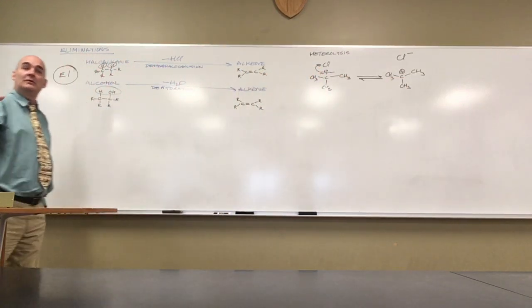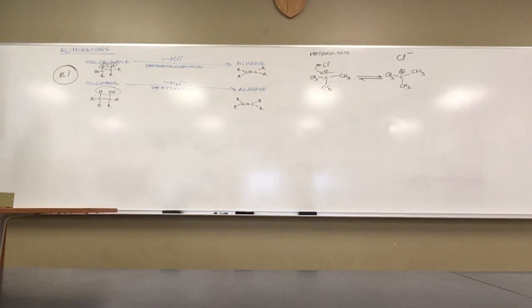It's on a secondary or a tertiary carbon. If it's on a primary carbon, no, this isn't the mechanism for you. Wait till the next mechanism in the book, because that's your answer.